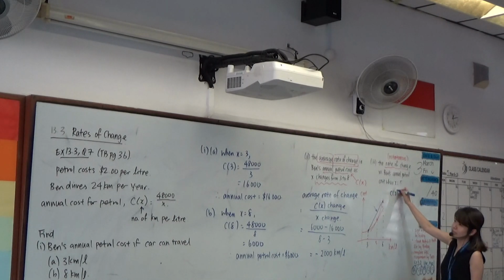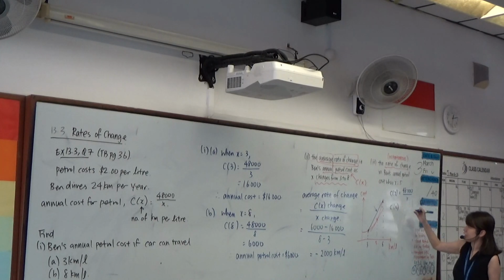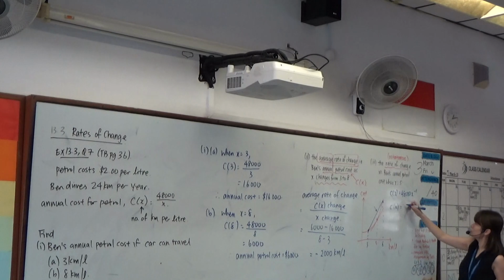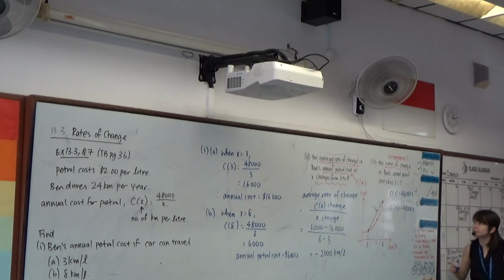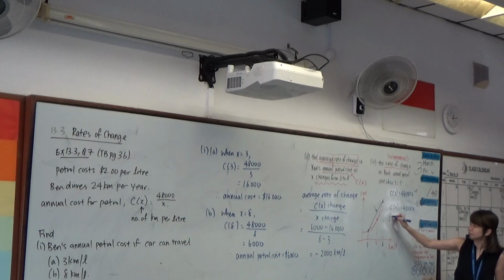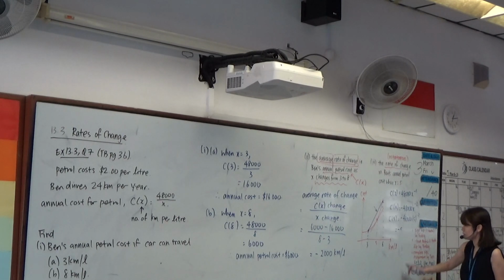So, given that C(x) equals 48,000 over x, differentiating it, we will get negative 48,000 x to the power of negative 2. And at that particular point when x equals 5, we replace x with 5, and we will get the value negative 19200.